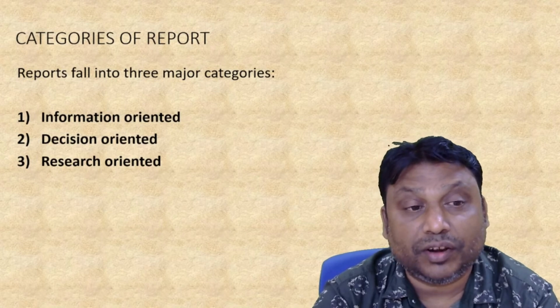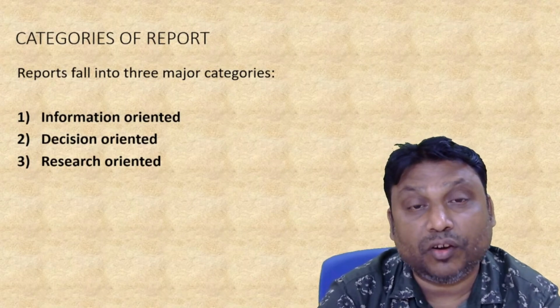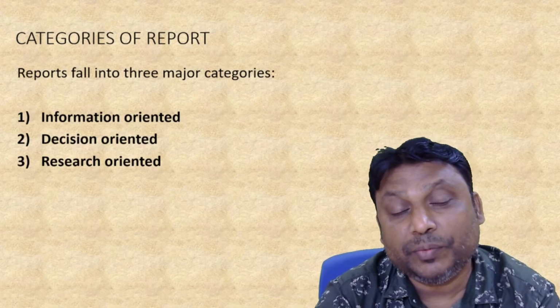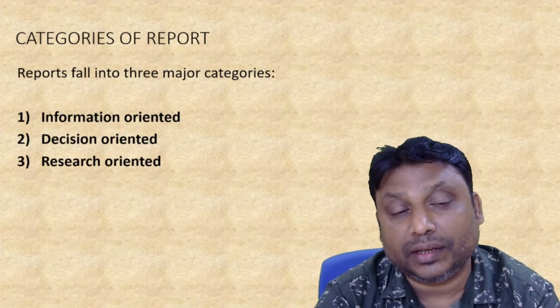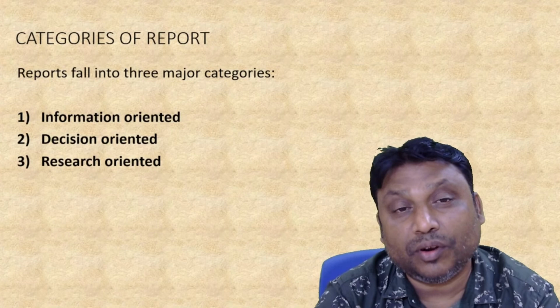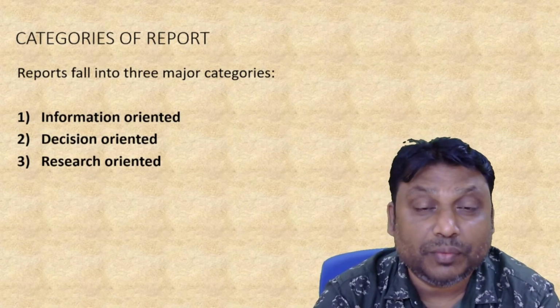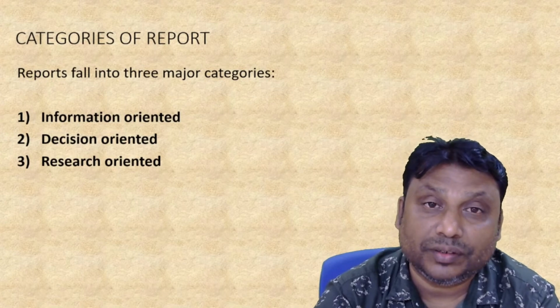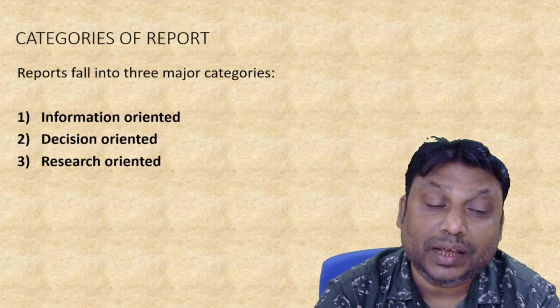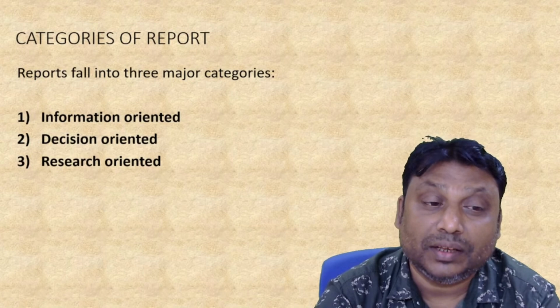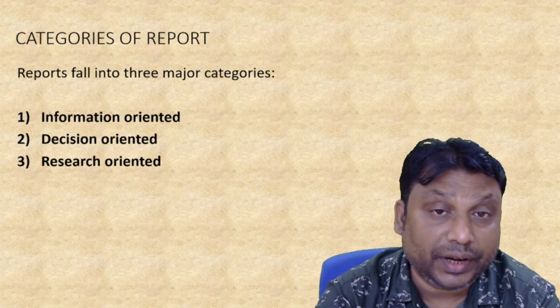Then, decision oriented: whether it is decision oriented or not. That means if anyone refers to your research work, can they find any decision? Or if any organization wants to do research work, can they find any decisions or not? After that, when they pass this research proposal, is it research oriented or not?